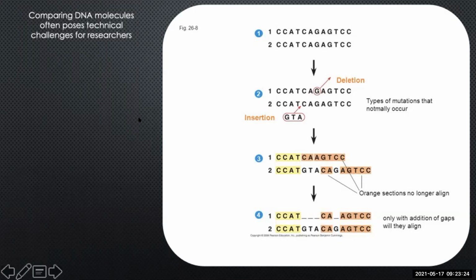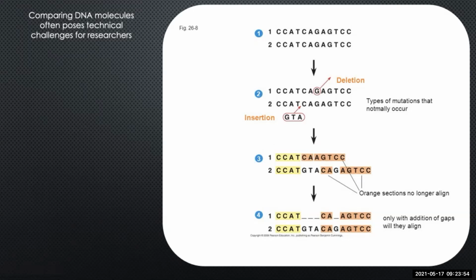Down here at section 3, you have this code at the top, CC, AT, CA, etc. Over generations, we're going to have insertions and deletions. What was once, say, a gene for spider silk, or the length of your arm, has now had additional nucleotides added into it, which have made it longer.